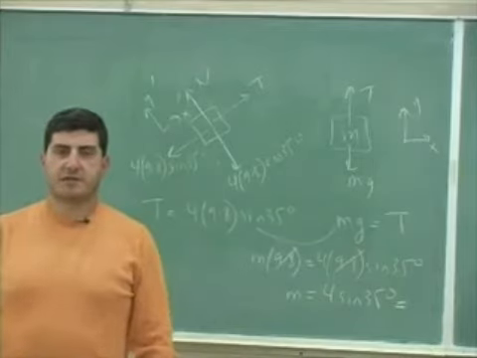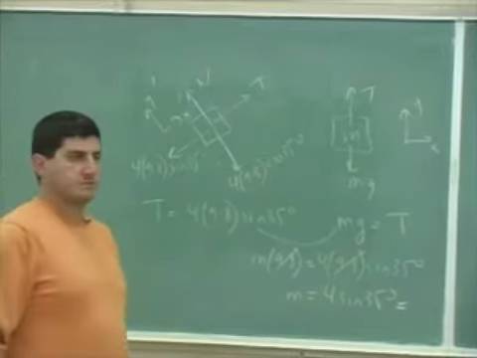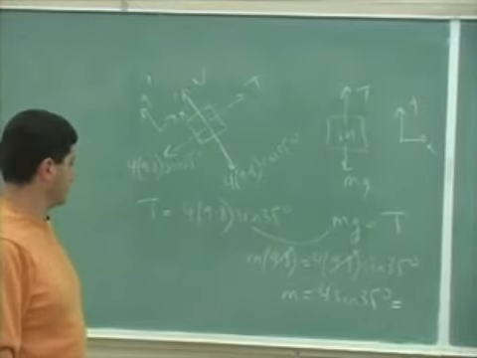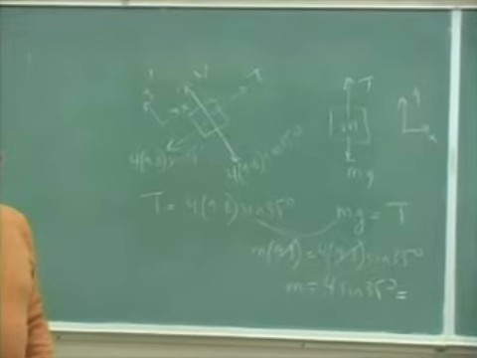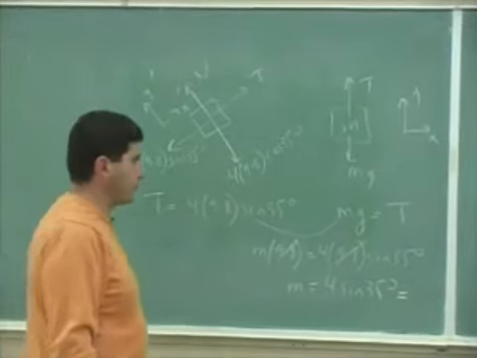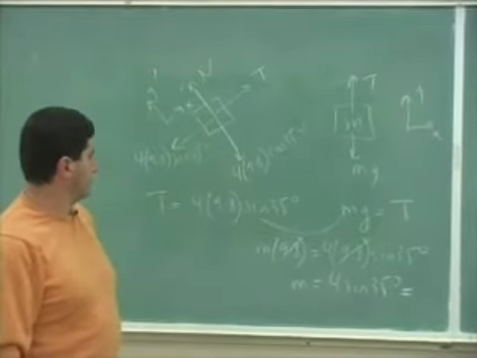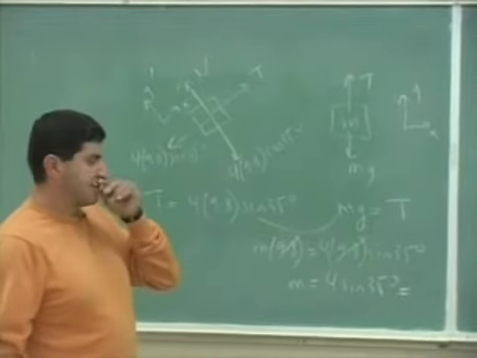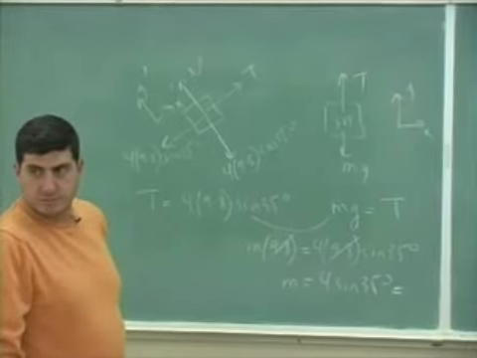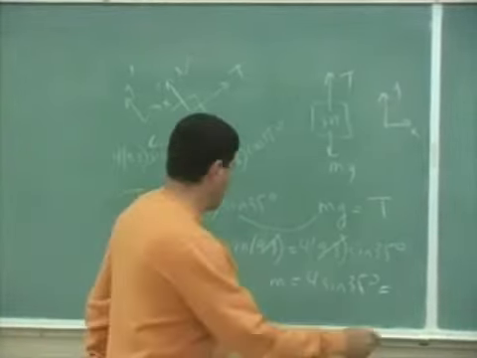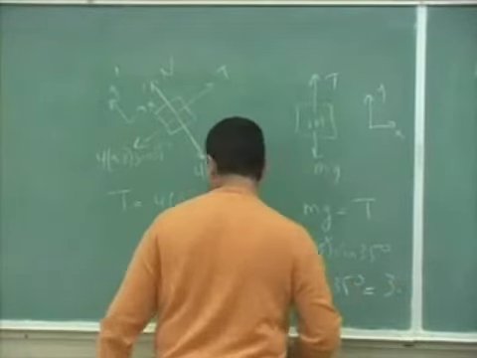Okay, so what is that there? Give me 2 decimal places. 2.29.